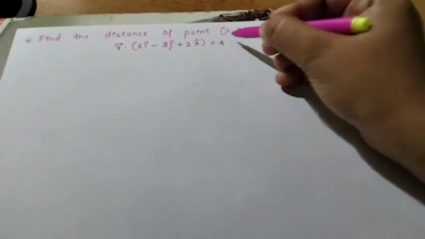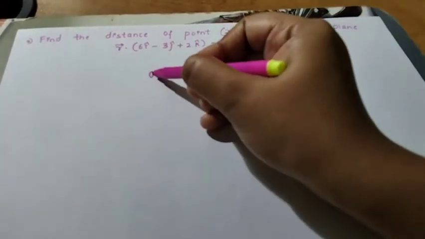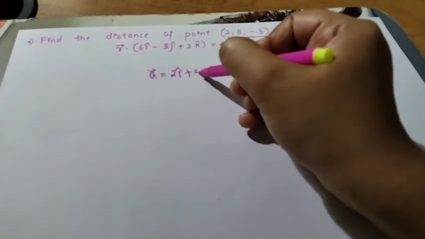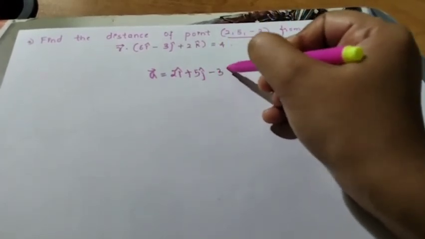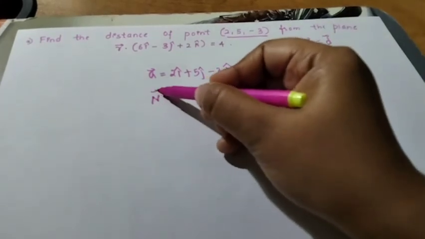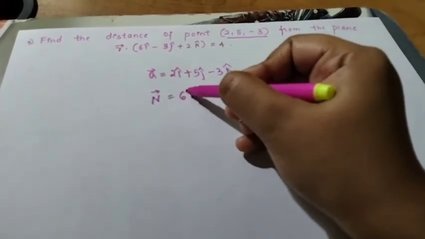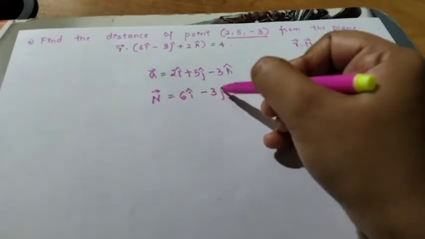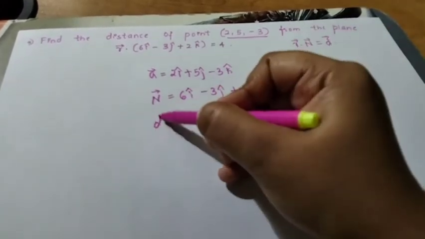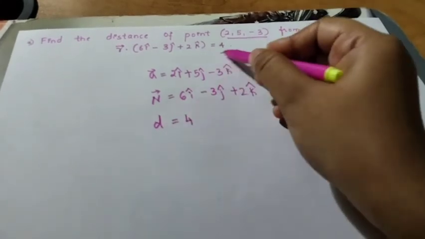Using this, a is the position vector, 2i plus 5j minus 3k. Then the n vector is given as 6i minus 3j plus 2k, and the d value is given as 4 units.